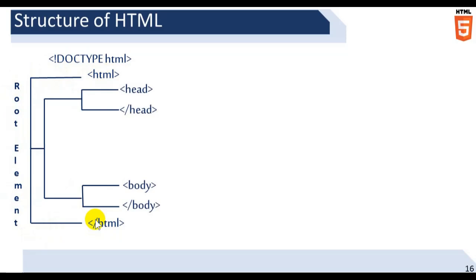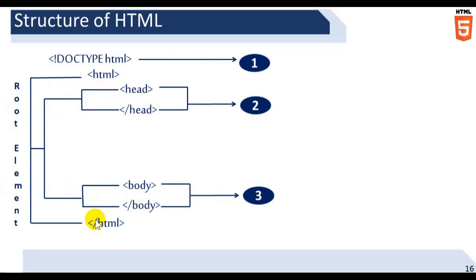The first one is the version information. The second one we call the head section. The third one we call the body section. So this first one indicates the version of HTML.